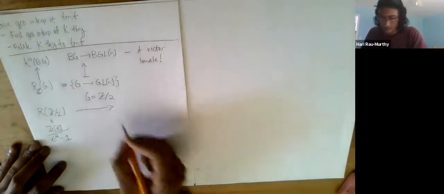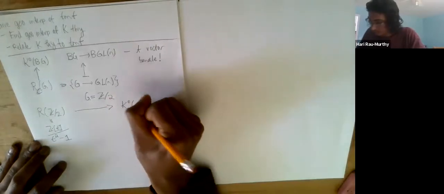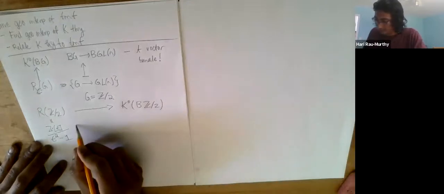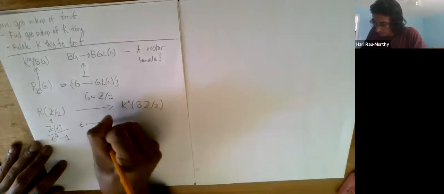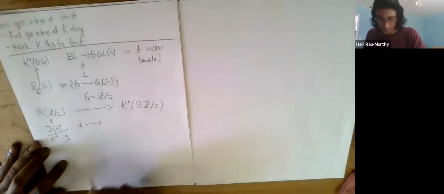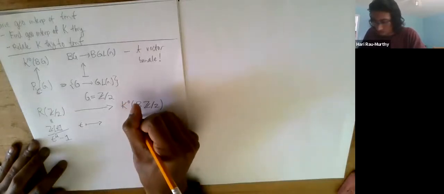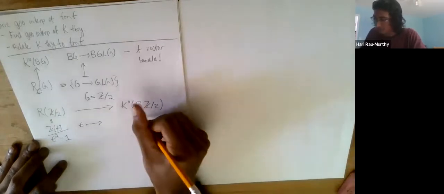And there is a map from the representation ring to the K-theory of BZ mod 2. This character, e^(2πi x/2), is sent to the tautological line bundle over BZ mod 2.